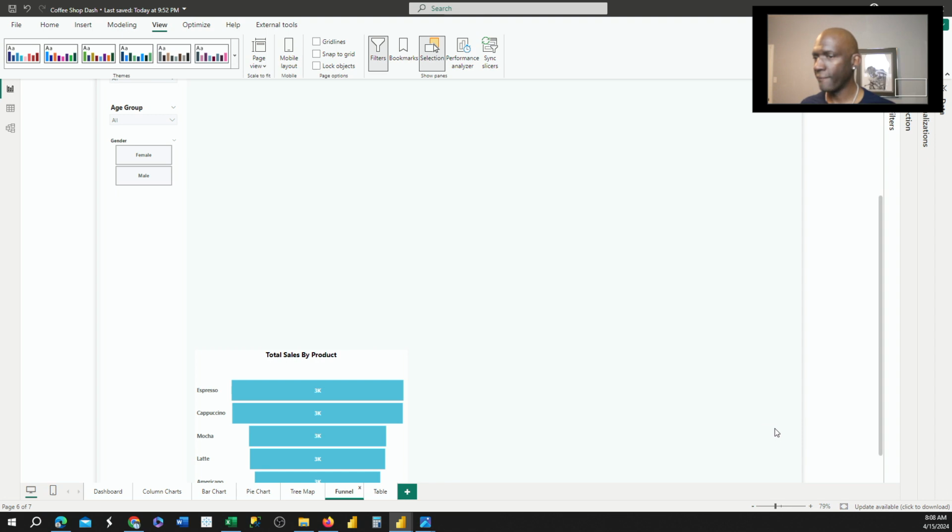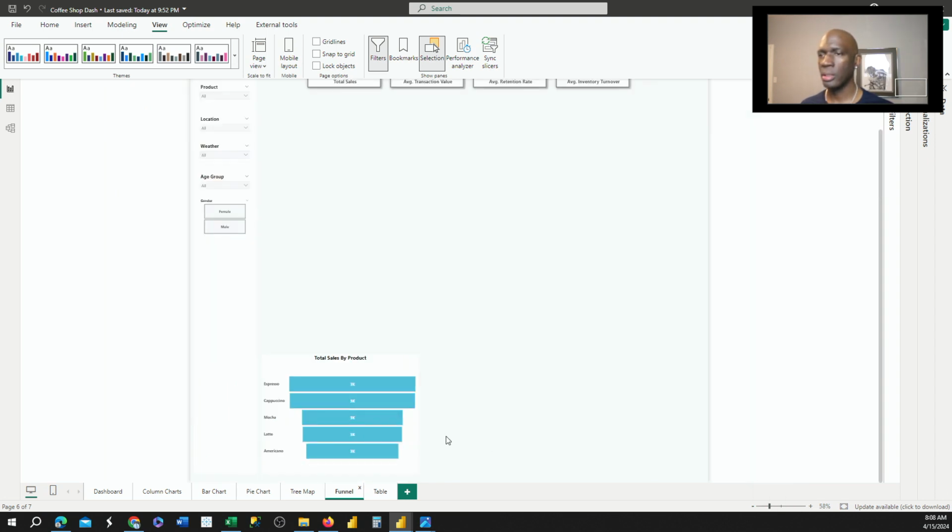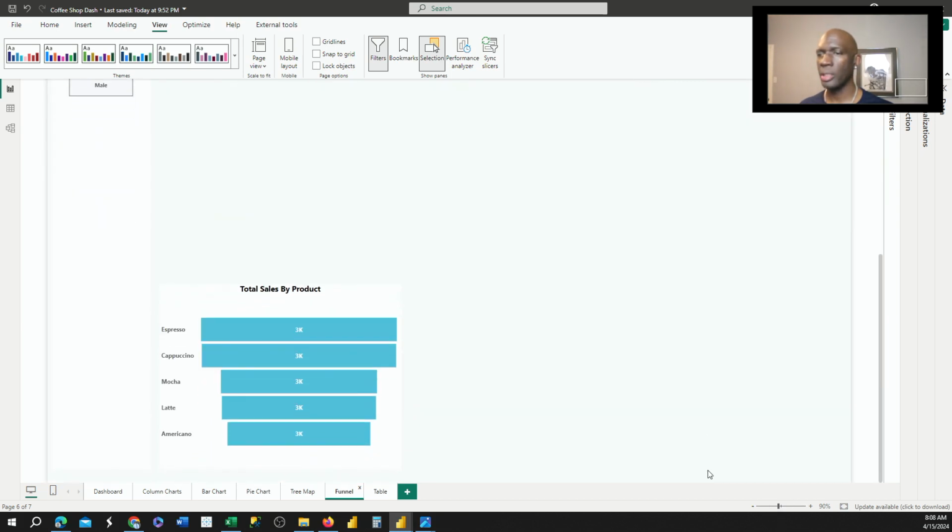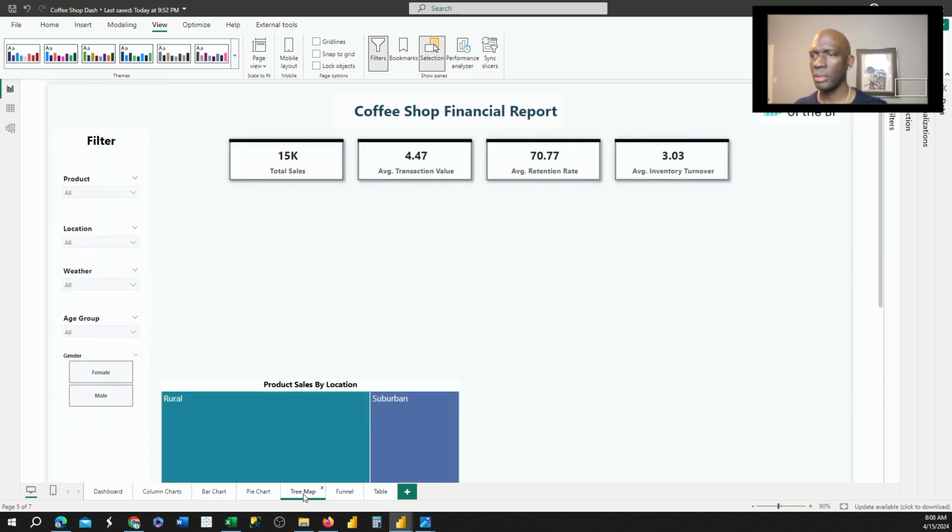Again, that funnel could be inverted to where it was not going up, going down. It could be going up to where the smallest value could be the largest value. I need to be able to read here, but now we're analyzing the total sales by product. Let's see here. Product sale.